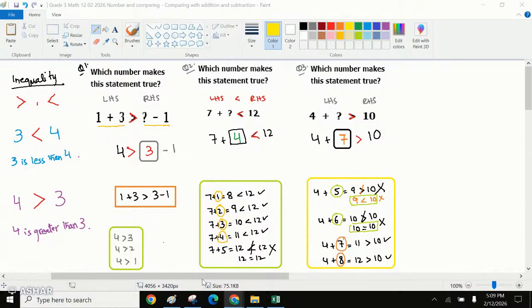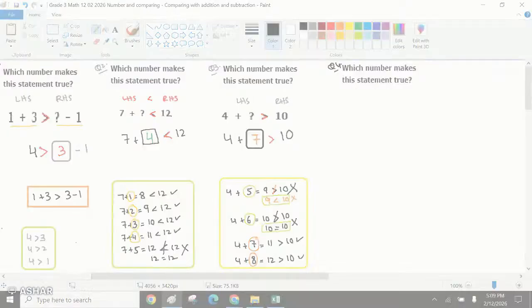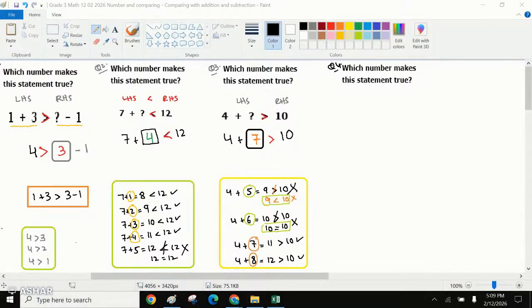Next question. For our next question, it says, question number 4, which number makes the statement true? Such that, I'll write down the question. Question number 4. It says 8 plus a number should be greater than 15.